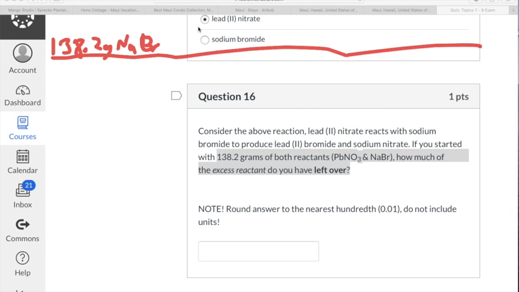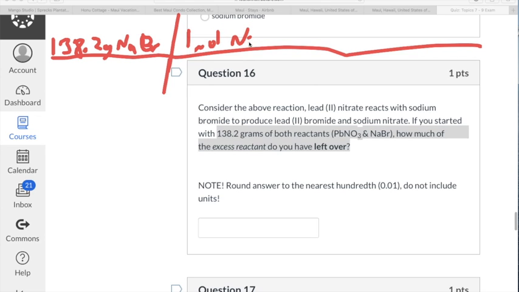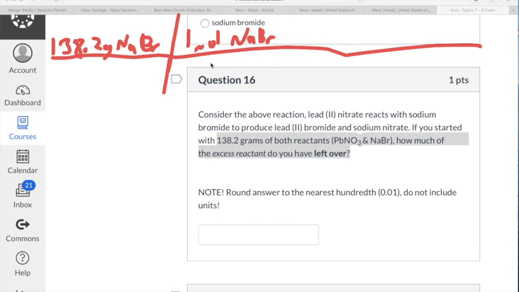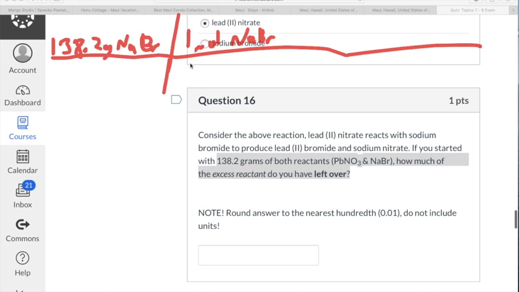And I'll plug all this right back into the conversion table I just had. Which is going to be 1 mole of sodium bromide, NaBr, for every 93.91 grams of sodium bromide.